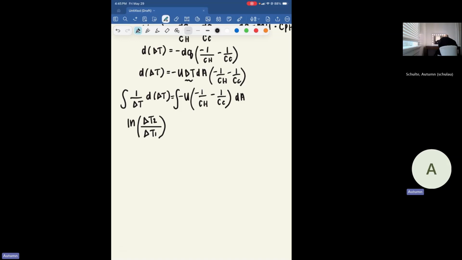And this is going to be equal to, we can take this term out of our integral because those are not dependent on our area. So this is going to be equal to negative U times, if we do the integral of dA, that becomes just our area term. So negative the overall heat transfer coefficient multiplied by the area, multiplied by our terms here for our mass flow rate heat capacities.